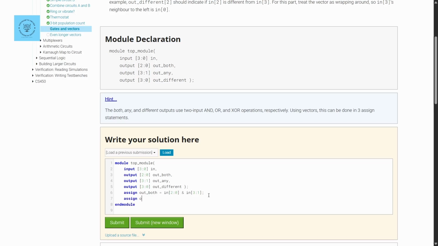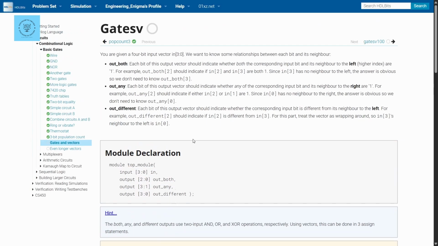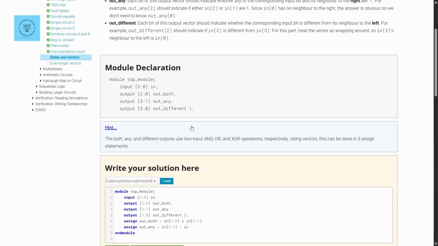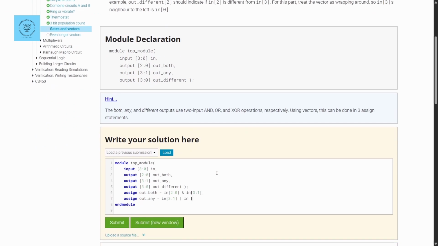Again we have to write out_any equal to in[3:1] bitwise OR with in[2:0]. Here we are taking 3 to 1, and we can ignore out_any[0], so we will go with 2 to 0.